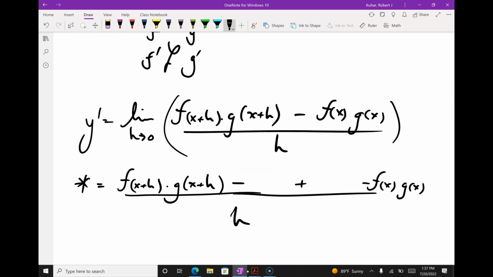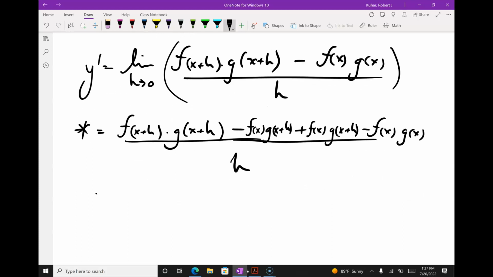So I'm going to add nothing in the form of, don't tell me, minus plus f of x g of x plus h. So notice I subtracted and added the same thing. So I added 0, right?